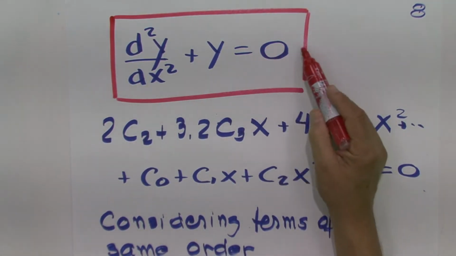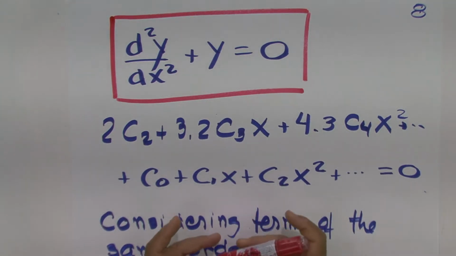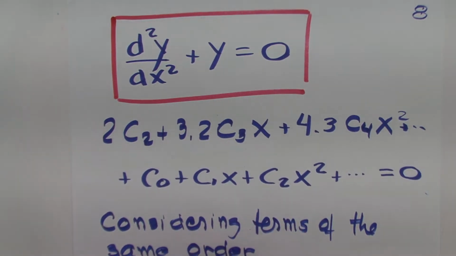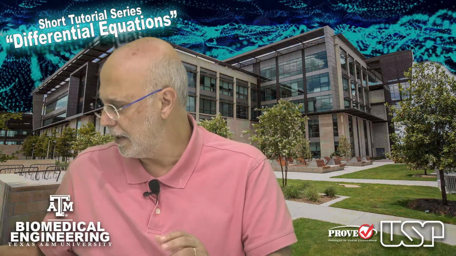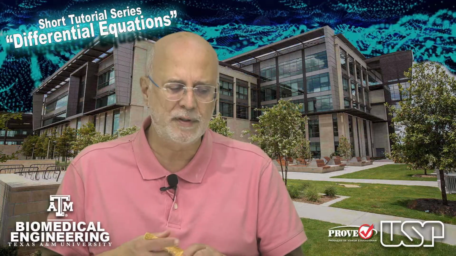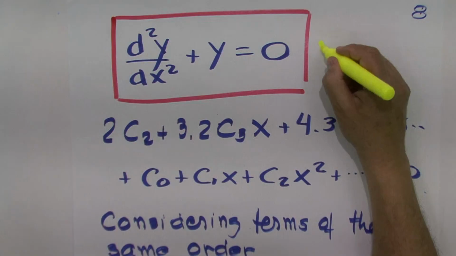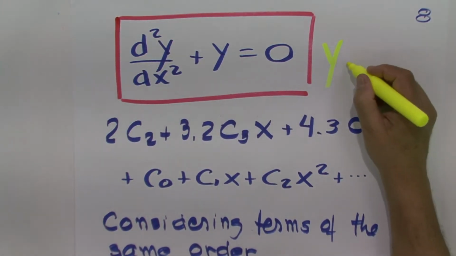I could have an independent term here, but I'm giving it as an example for you to see how powerful it is. So I'm going to keep it that way and solve the equation that way. This is a second order homogeneous differential equation. And again, we're going to propose that the solution is our great series.